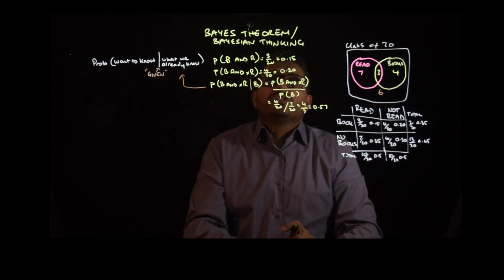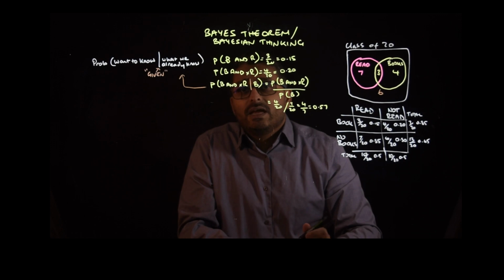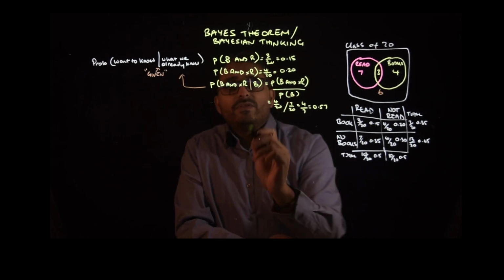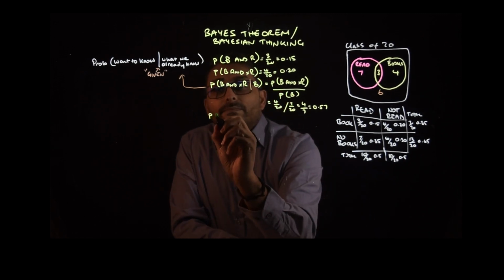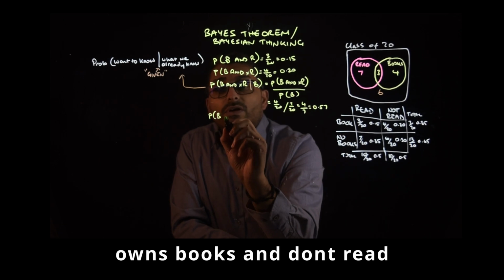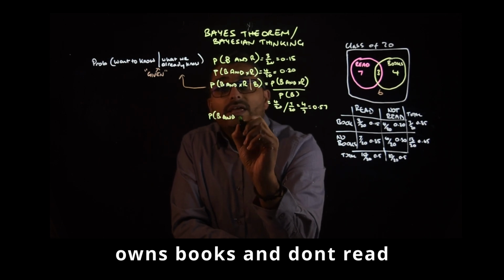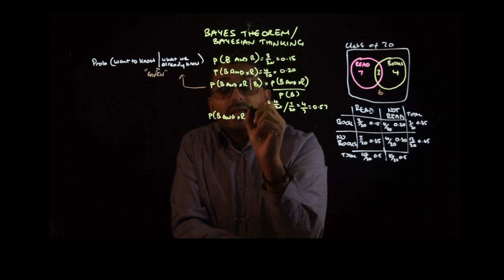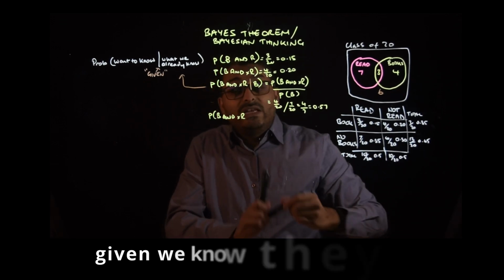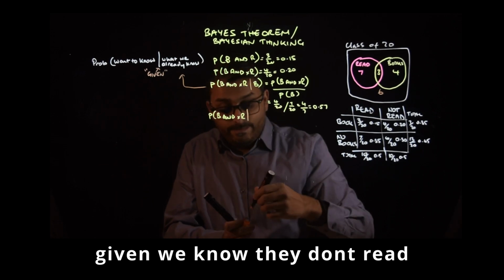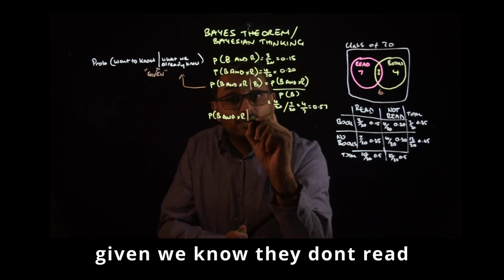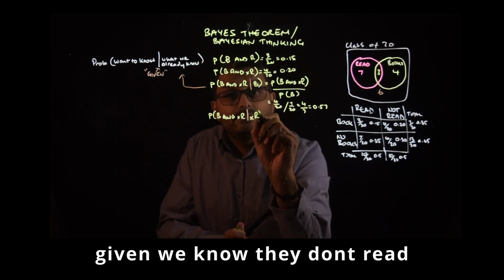Now let's change this slightly and say, what about the probability that they own a book and they don't like to read, given that we know they don't like to read?